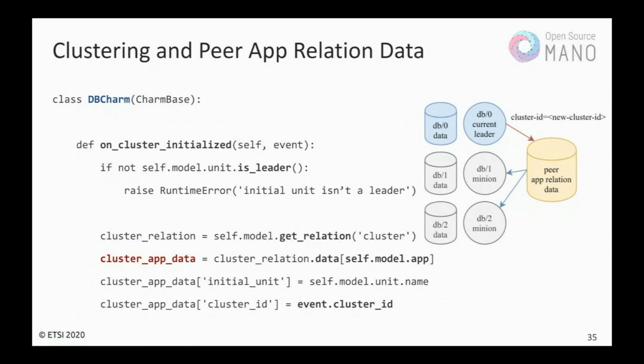And then you would write, let's say, a unit name and the cluster ID into the peer application relation data. And every other peer would see that cluster ID and be able to use the connection details to the initial unit to form a cluster.